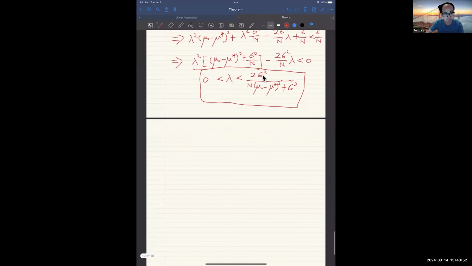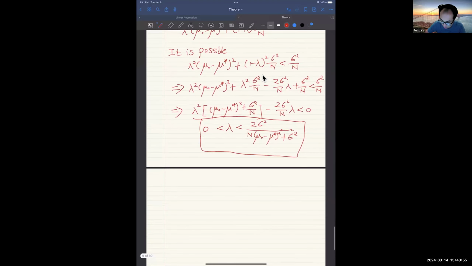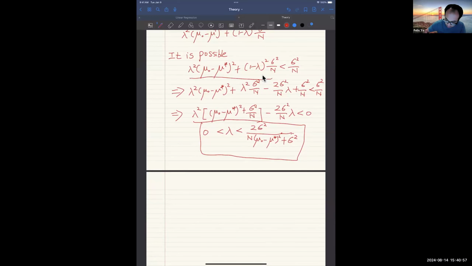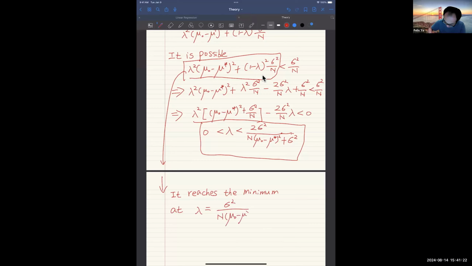In fact, we can show that the MAP reaches the minimum at a particular lambda.